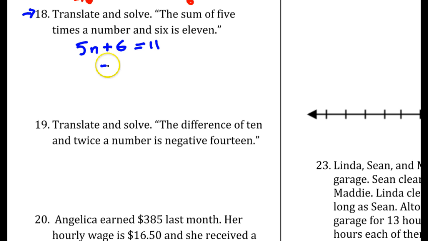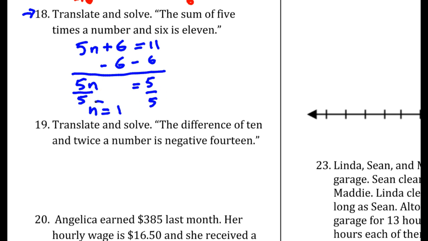And then go ahead and solve it. We've done these already so far. We got 5 times the number equals 5. Divide both sides by 5. So n equals 1. And just like before, we can check those to make sure they are correct.